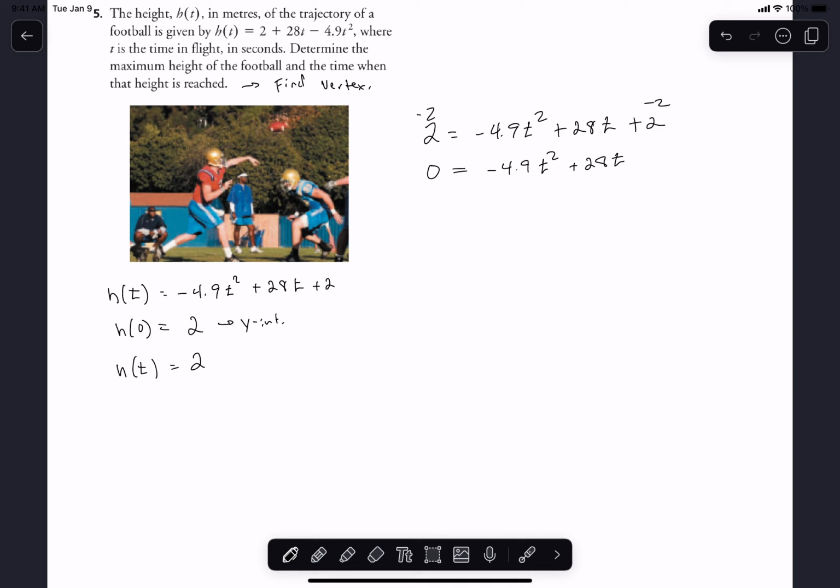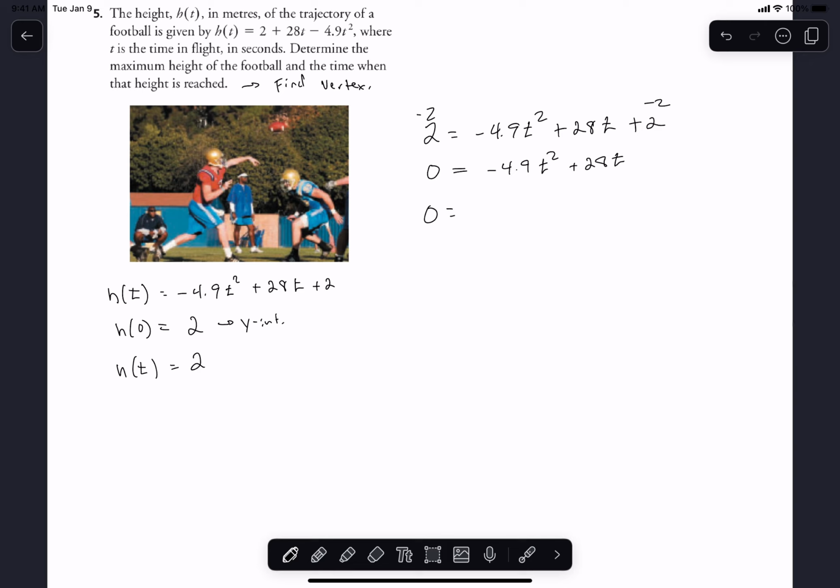Now I'm not going to do this to you on the test, because this test, you recall, is no calculator, right? So here I'd have to common factor out that negative 4.9. 28 divided by 4.9 is going to be whatever it is, 5.714.